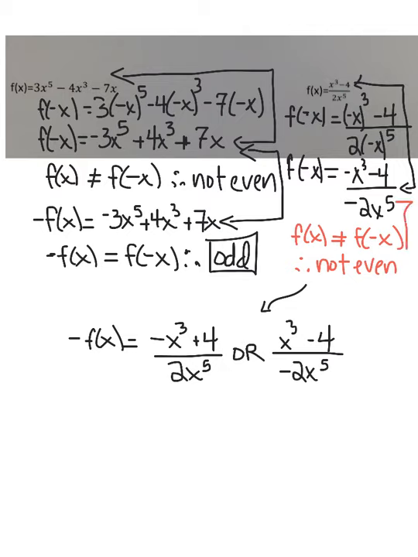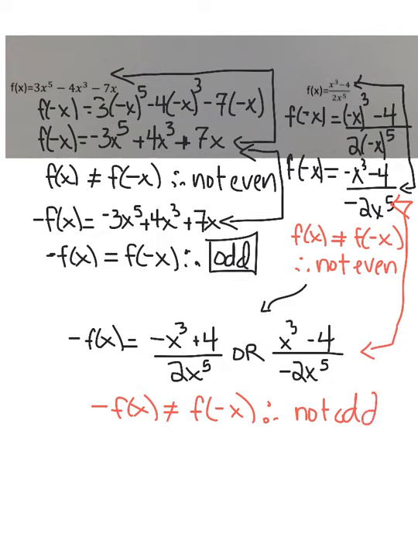So I'm going to group these two right here, okay, and I'm going to write the sentence underneath. So negative f of x does not equal f of negative x, therefore not odd.